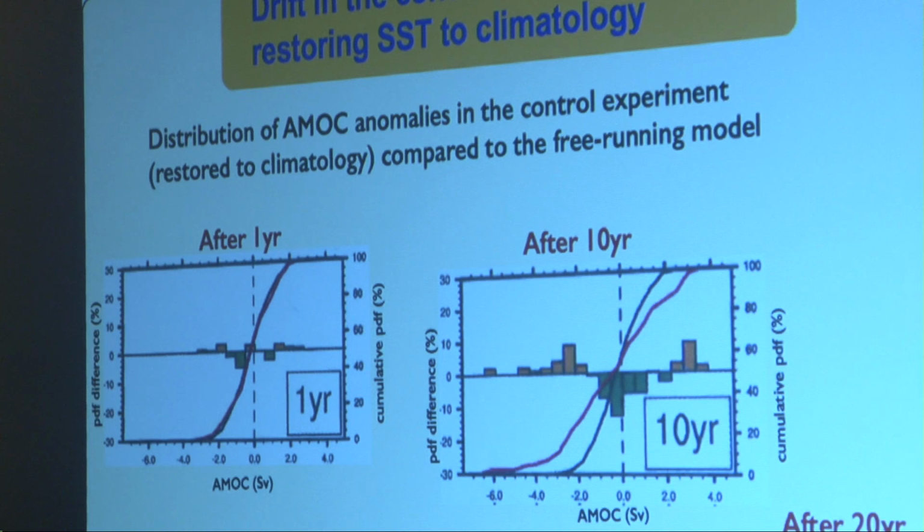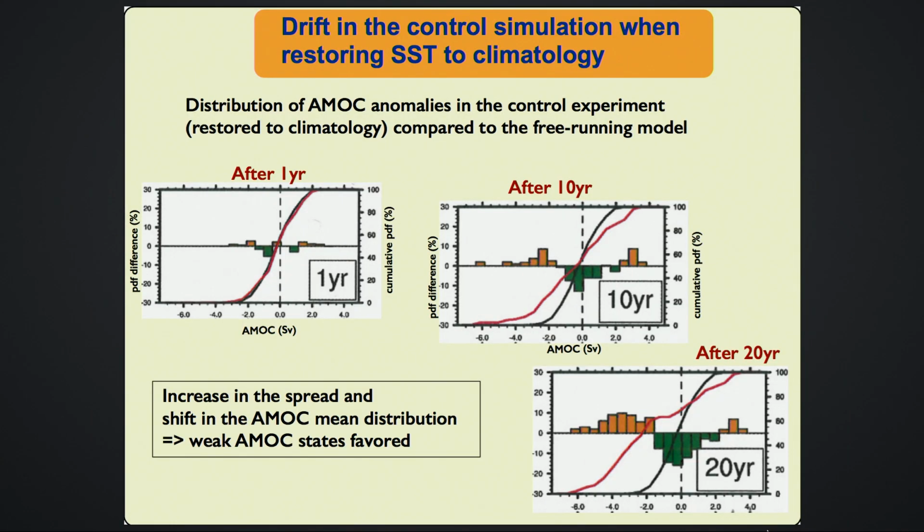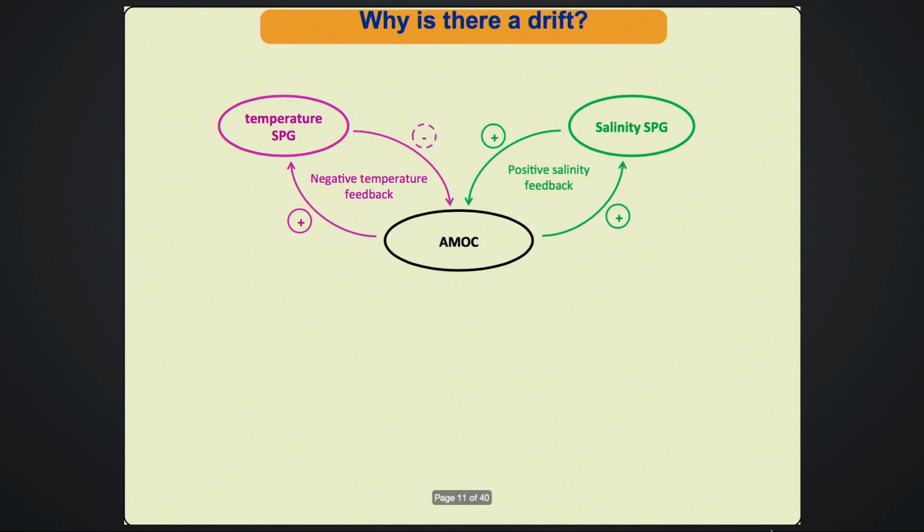And here I'm showing year 1, 10, and 20 in the simulation where we restore the SST. So as we go along the simulation, we find that the spread in the AMOC increases, and also we favor weak AMOC states here. So why?